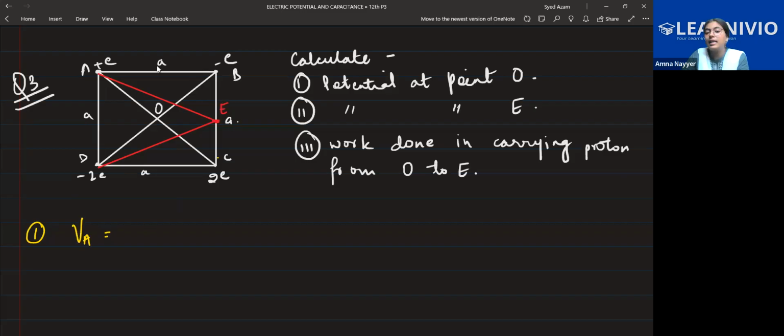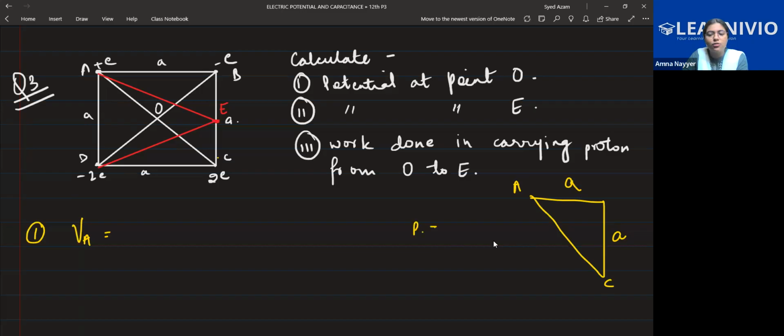See class, we need half of the diagonal now, because this is point O and we need the separation from the charge to the point O. So class, this side is A, this side is A, and this is the diagonal AC. Look, this is a right angle triangle, so we can use Pythagoras theorem.